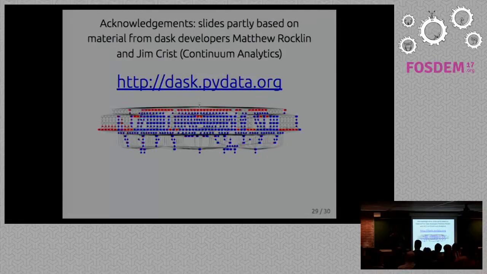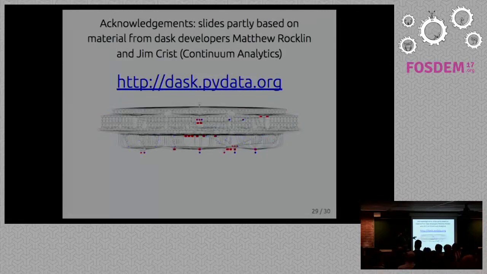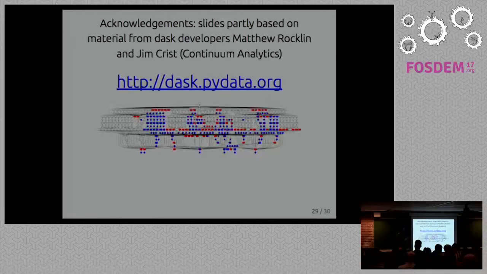Certainly if you work with data frames or arrays, many of the groupbys and algorithms under the hood are already optimized. They try to optimize, and it's an ongoing process.